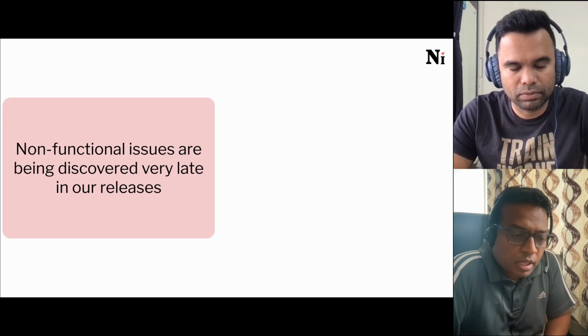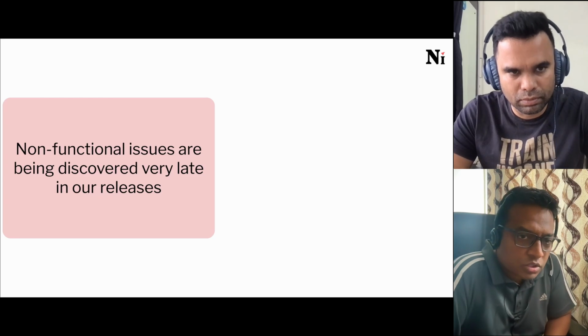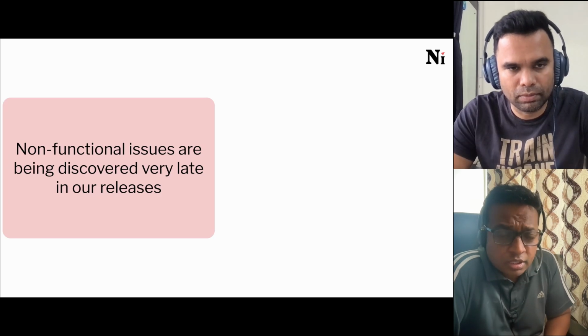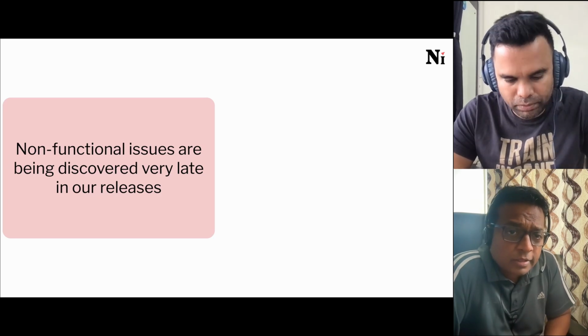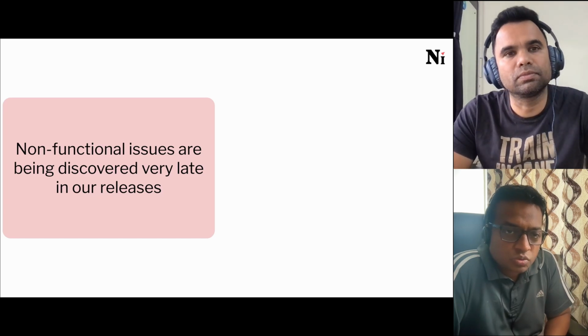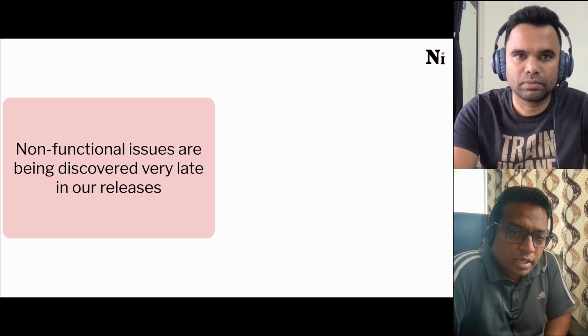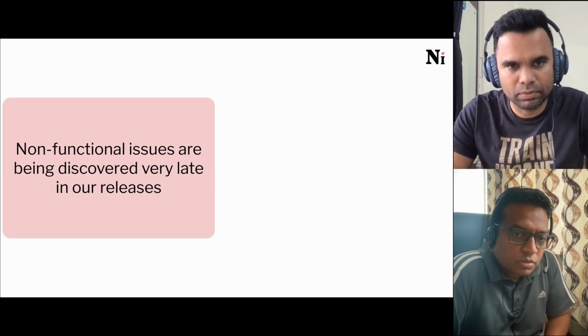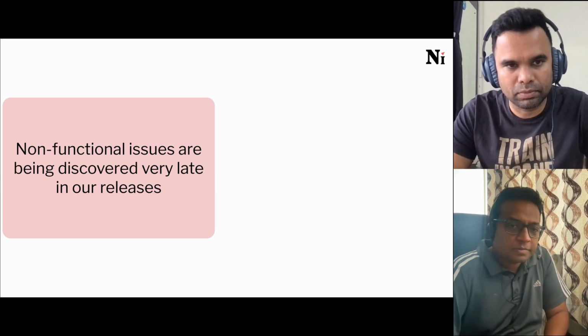And typically these kinds of activities, of a couple of testers manually checking for performance issues or security issues, are often done pretty late in the cycle, towards the end of the release, and then it's quite often that big issues are found quite late, and that then delays releases. So what would be a way to solve for that?